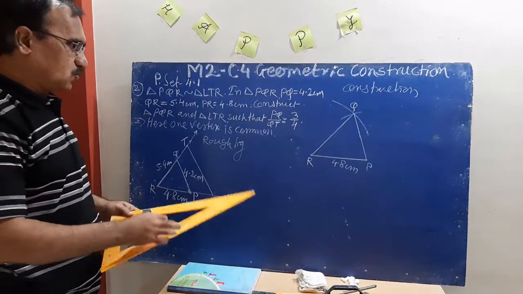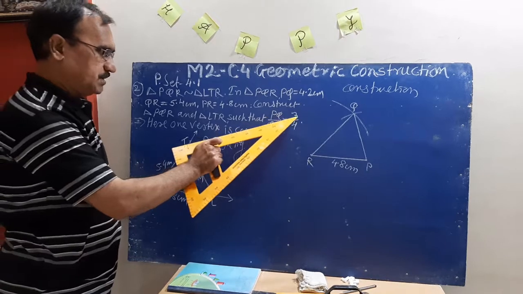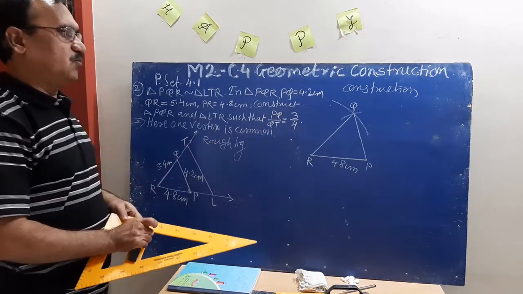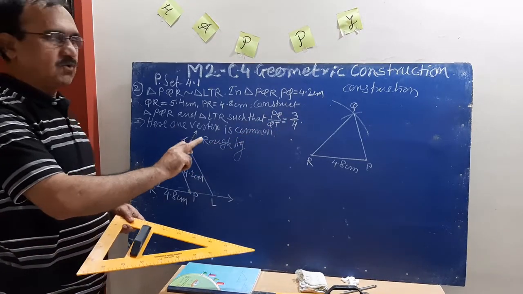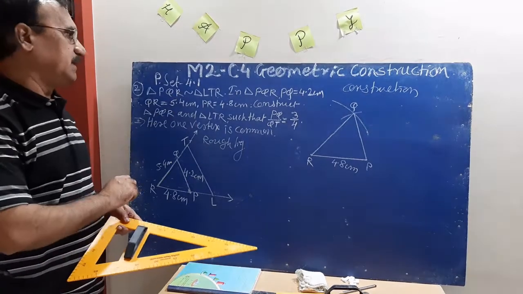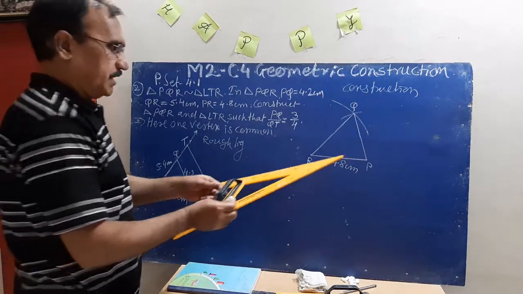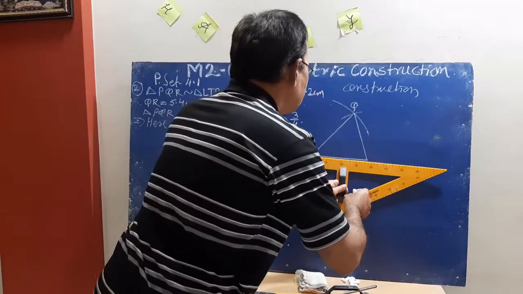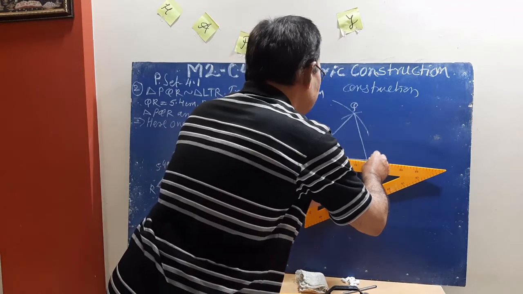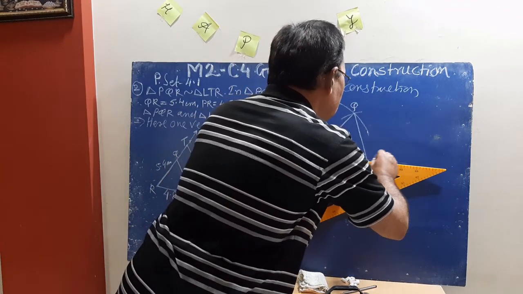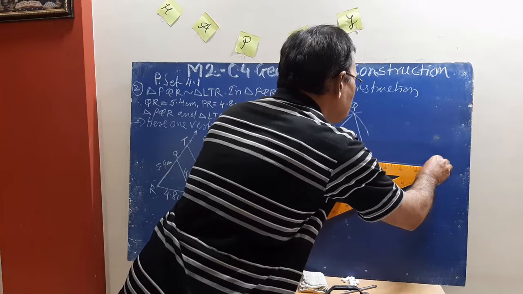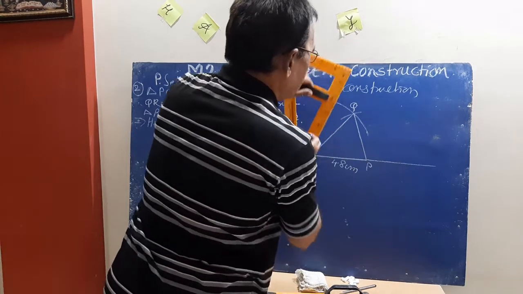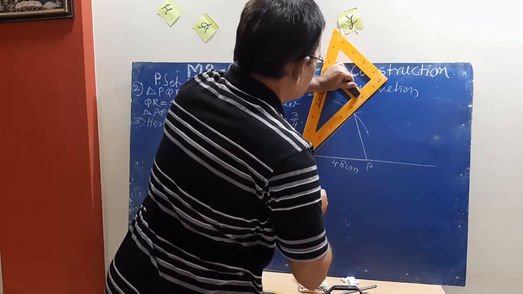Now here we conclude that PQ is 3 and QT is 4, means triangle PQR is smaller than triangle LTR, and that's why extend these sides. Extend these sides.